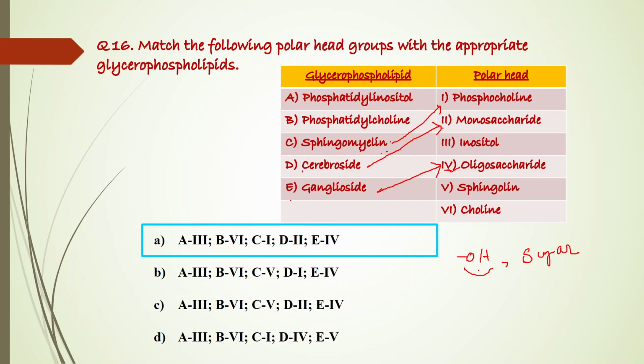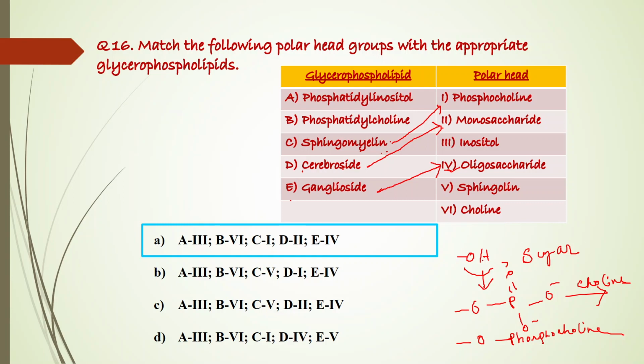In another case, instead of sugar, we can attach it with a phosphate group initially, which can again attach with a choline moiety. So ultimately we will have a phosphocholine attached here. That particular classification is known as sphingomyelin. So our C matches with right hand side 1.